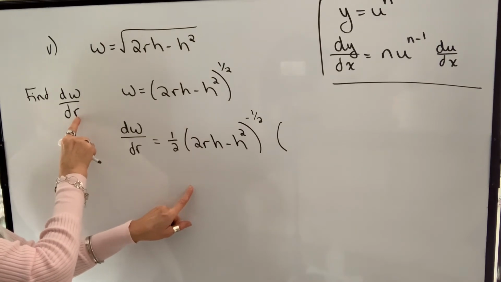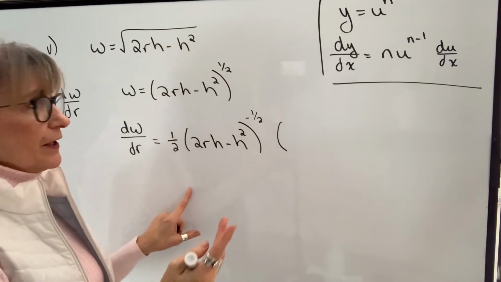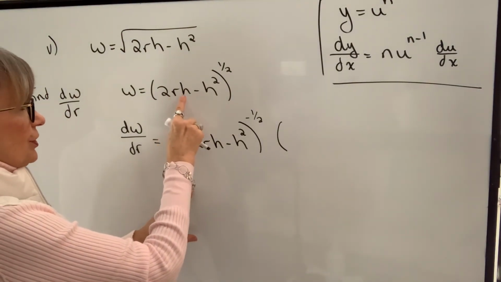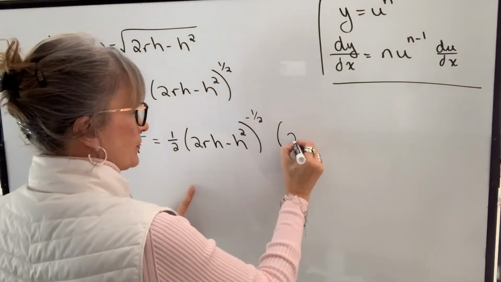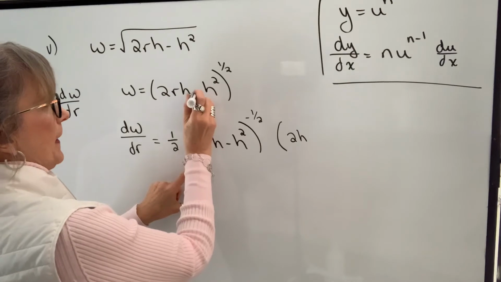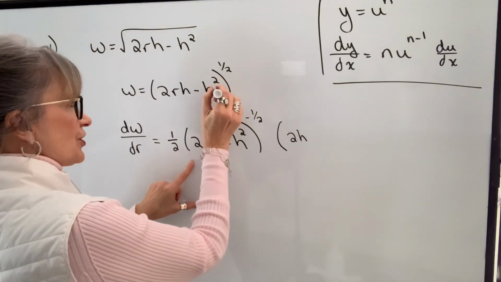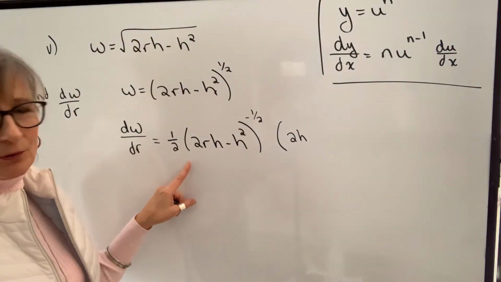Keeping in mind that r is our variable, which means h is a constant, we just don't happen to know its value. So the derivative of this term is like 2h times r, so a constant times r, and the derivative of that is just 2h. Minus the derivative of h squared. H is a constant, so h squared is a constant, so the derivative of that is 0.